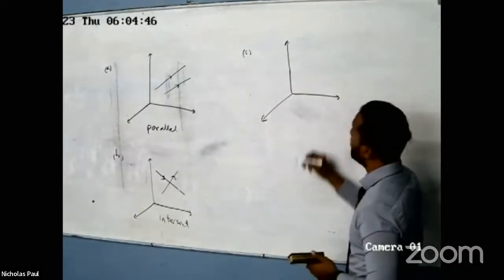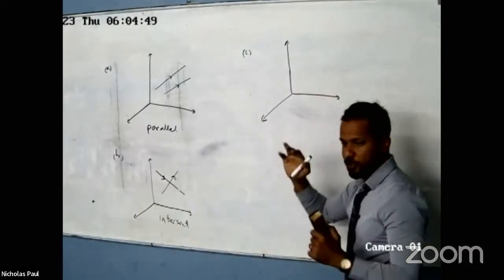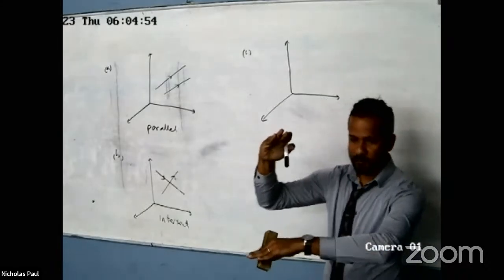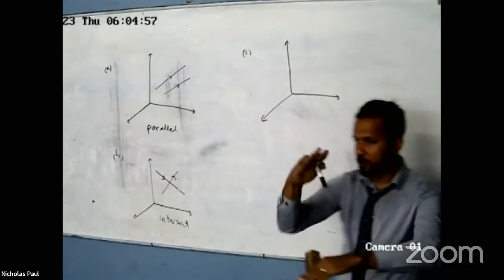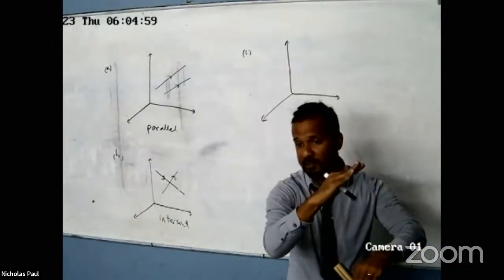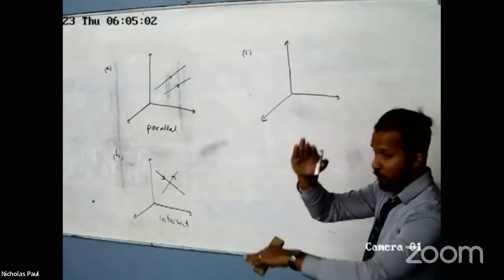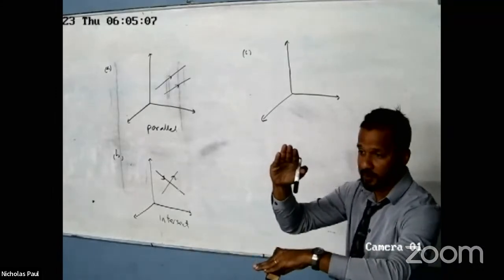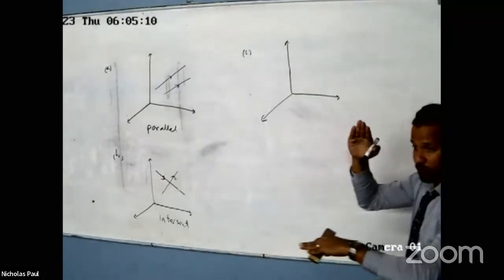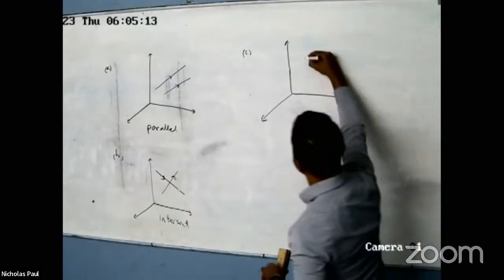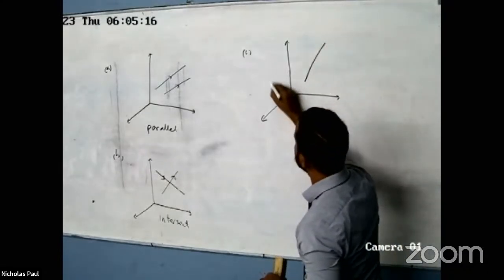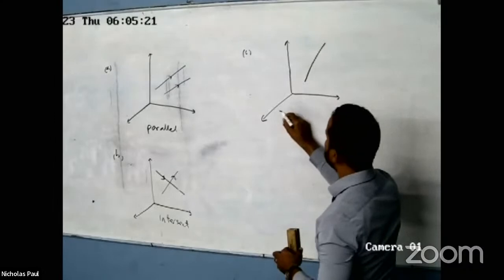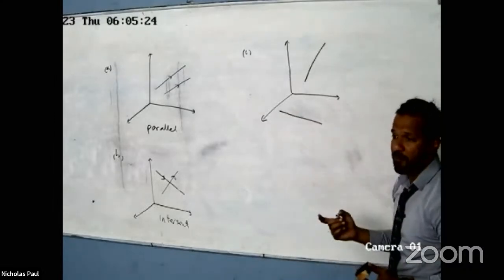So for example, if you have a vector here and a vector here, would these two ever meet? They're not parallel, they don't intersect. So these two lines will never meet. If I draw this line all the way and I draw this line all the way, they will not meet. Those lines are said to be skewed.